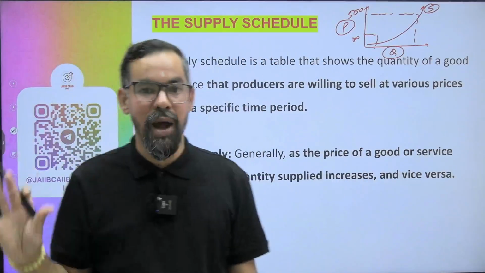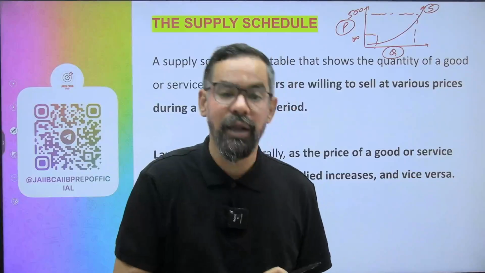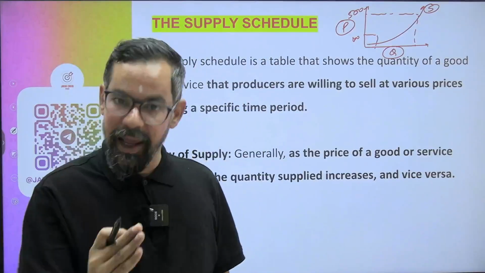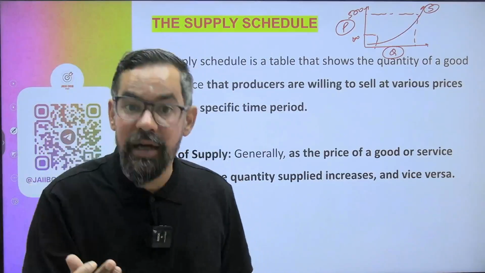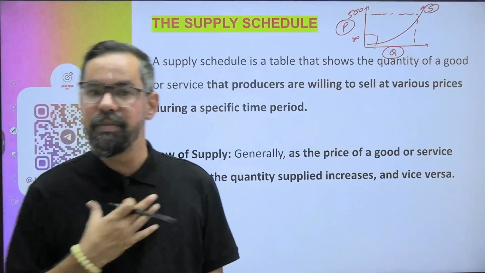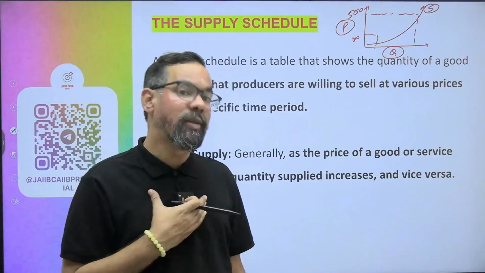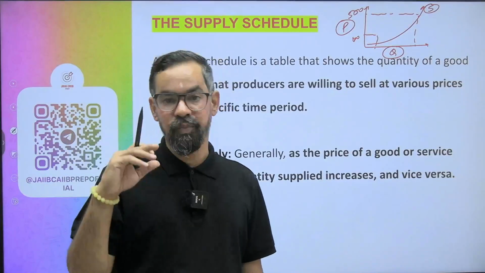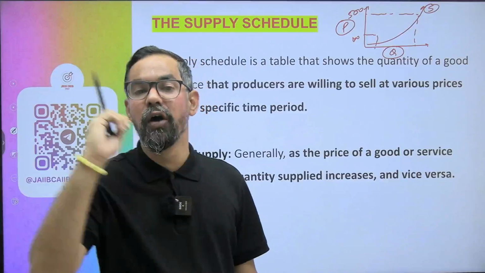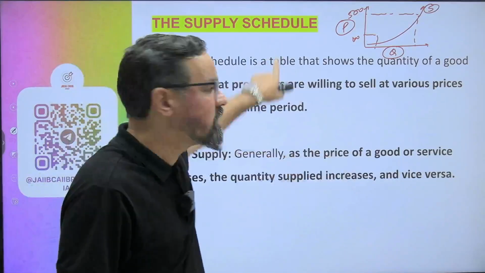So the demand curve is from the consumer side, and the supply curve is from the supplier, seller side, right? As a seller, as the owner of that particular product, you always want to sell your product at a higher price. So this is the basic theory.